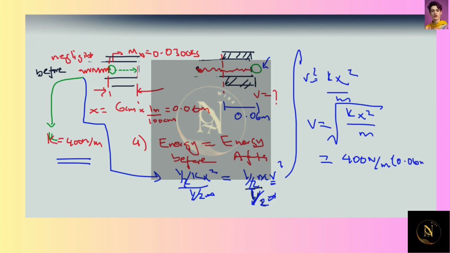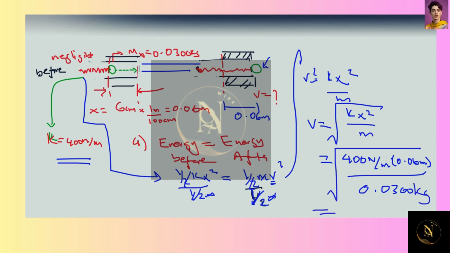Always a good habit to keep track of the units, and then divide by the mass of the ball, which, as you can recall, is 0.03 kilograms. So we keep track of all the units again. This is a square root. Plug in the numbers. You notice the final velocity is about 6.9 meters per second.